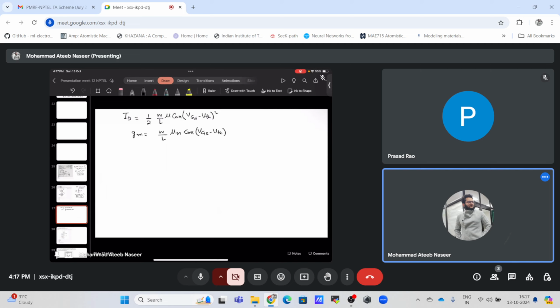From equation one, we can write VGS minus VTH equal to the square root of 2 times ID by mu times Cox W over L. So I have used this, and gm is simply equal to this.